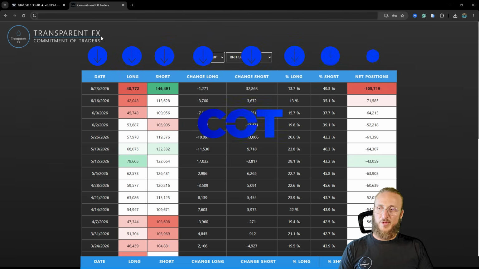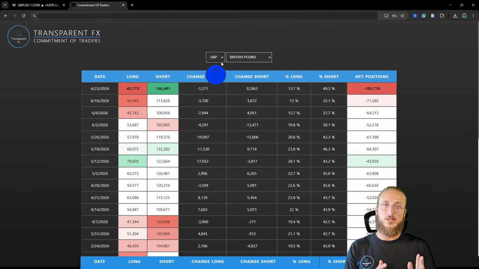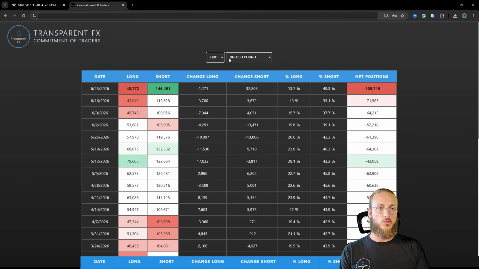Now, moving to the commitment of traders to see what institutions are actually doing, the first thing to keep in mind is that if we're looking at the data for the GBP, we're actually already looking at GBPUSD, because the data is already reported against the USD. And what we can see if we look at the net positions is that institutions are currently selling GBPUSD aggressively.